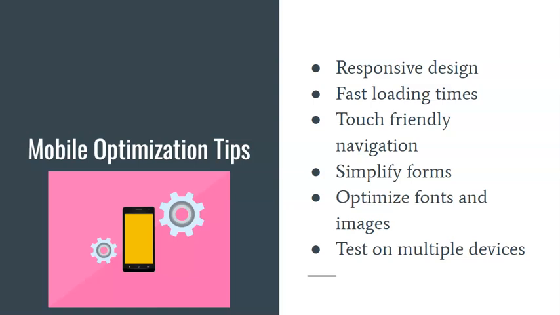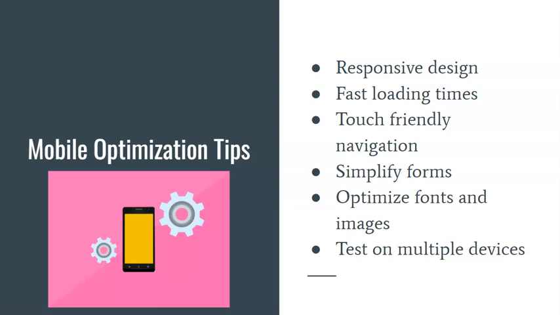Again, a lot of mobile devices these days have touch features, so you have to make sure that your website has touch-friendly navigation. Ensure that buttons and links are large enough to be easily tapped with a finger, and avoid placing interactive elements too close together to prevent accidental clicks. Very important. So if you're creating your website, don't put multiple buttons very close to each other.